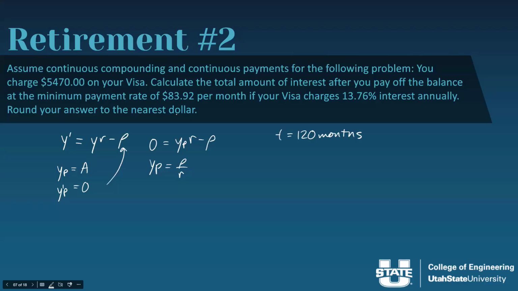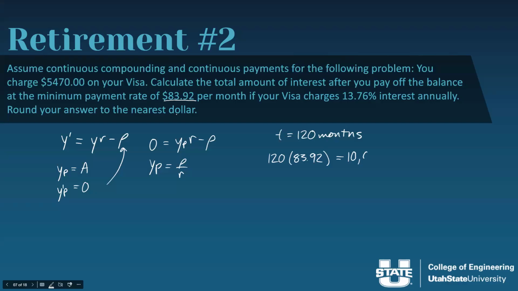We know we paid $83.92 per month for 120 months. So we can multiply those, 120 times 83.92, that's our monthly payment, should be how much we paid total. And if anyone has that, it should be around 10,000 something.